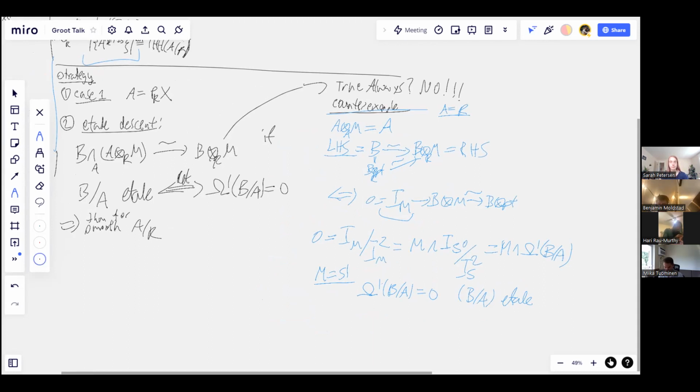Now, is that okay? This requirement that B tensor M to B tensor a point being an isomorphism, I'm going to call this the requirement of being THH étale. I'm going to rename this thing over here. So this is the same thing as B over A being so-called THH étale.